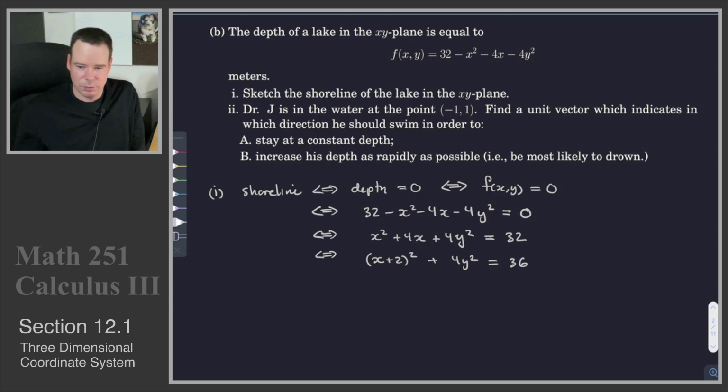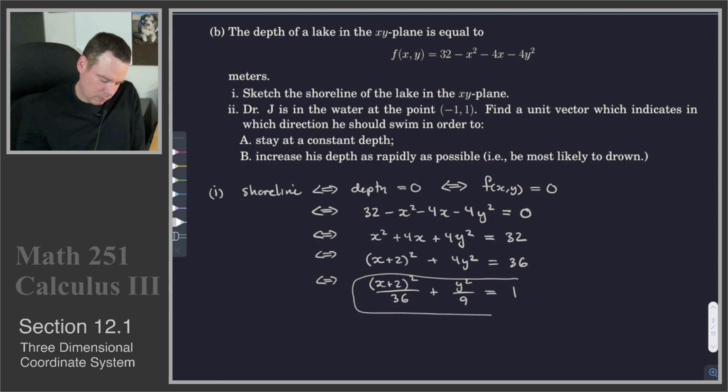So there's a plus 4 on the right side as well. And now from this, we see that it's an ellipse. We can rearrange it just a little bit more: x plus 2 squared all over 36 plus y squared all over 9 is equal to 1. And that is an equation of an ellipse.